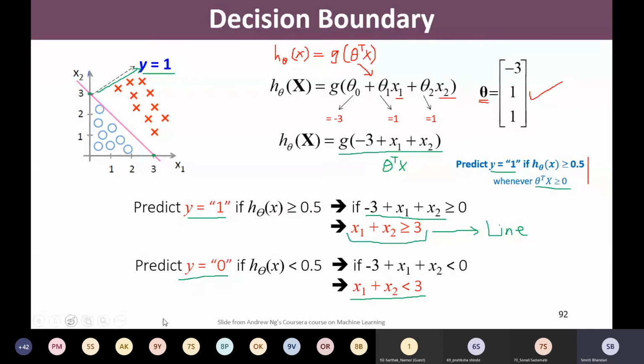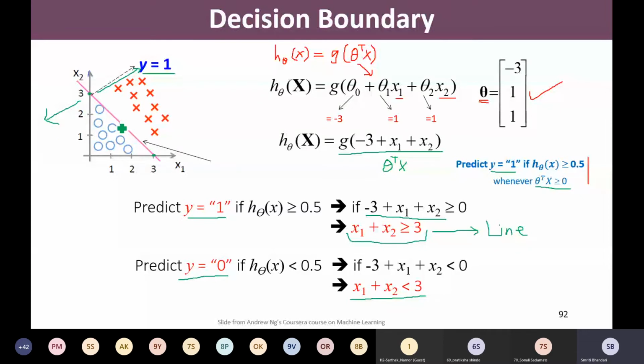Which region satisfies x1 plus x2 less than 3? Obviously, this side of the line, below this line. So towards this side, I'll say that my class is y equal to 0.